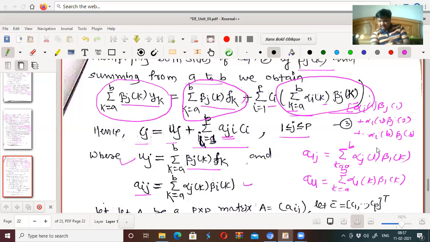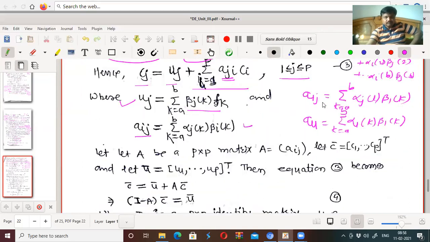If I put i equal to 1, you will get the first term, second term, third term, and so on. This is just the representation of the constant term. How many equations will you get here? A to B means b minus a plus 1 will be there, vectors. Here also the same, and here also. Okay.